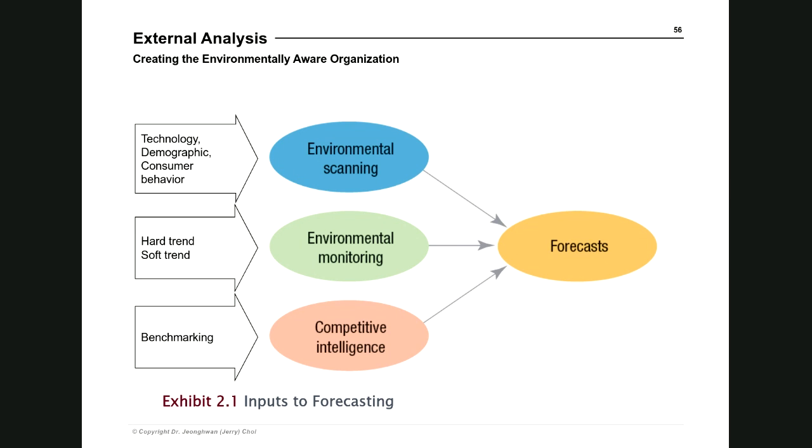Knowing your enemy is almost the same as industrial analysis: what's going on in your industry. External analysis is almost the same as industrial analysis. For example, what's going on with Huawei now in the Chinese market?